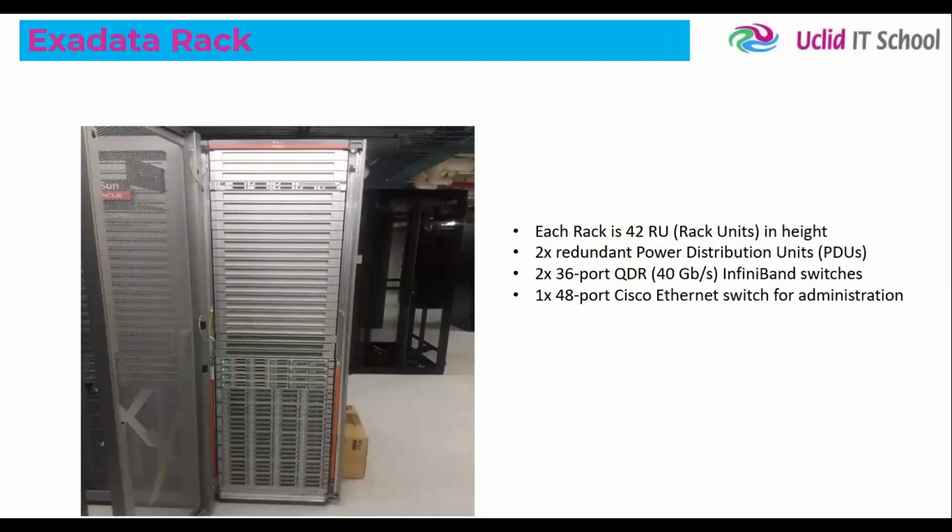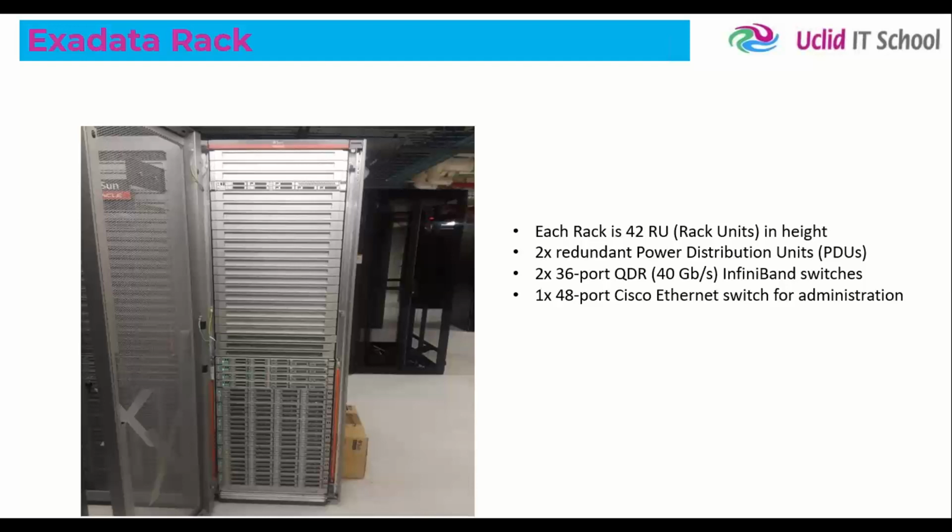So Exadata is available in a rack. What you are seeing now on this slide is the Exadata rack. This is the typical Exadata rack that you get when you purchase Exadata. This is a very huge rack, very tall rack. It is 42 rack units in height. Each rack comes with two redundant power distribution units, which supply power to all the components inside the rack.